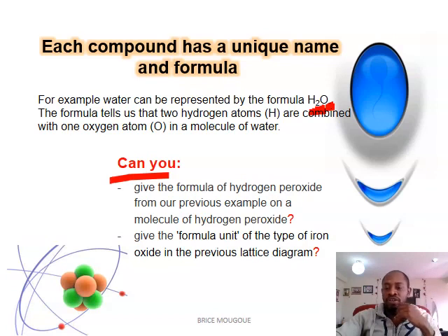Remember, we had 2 hydrogen, 2 oxygen, and for water 2 hydrogen, 1 oxygen. You should be able to give us the formula for hydrogen peroxide. The same way, you should be able to give the formula unit of the type of iron oxide formed in that previous lattice, where we had 1 iron and 1 oxygen combining specifically in that ratio to form iron oxide.